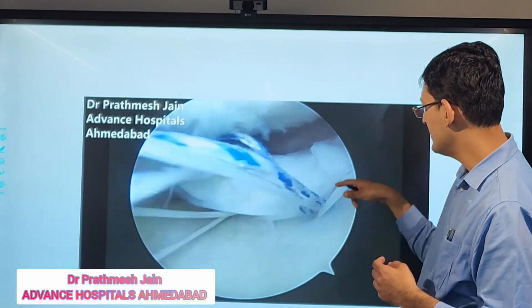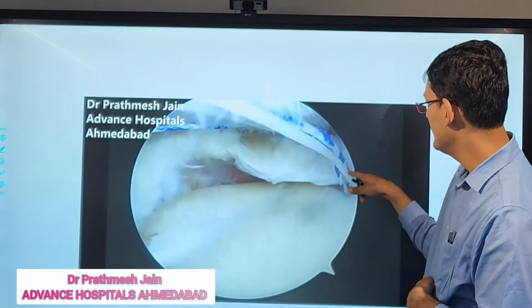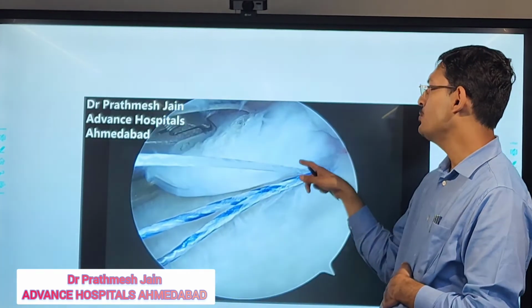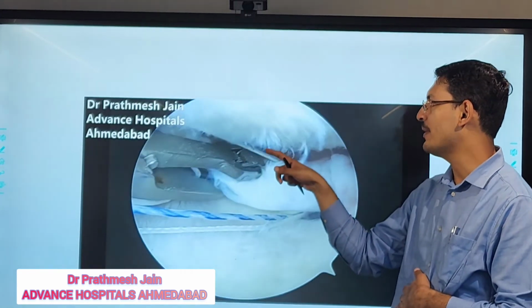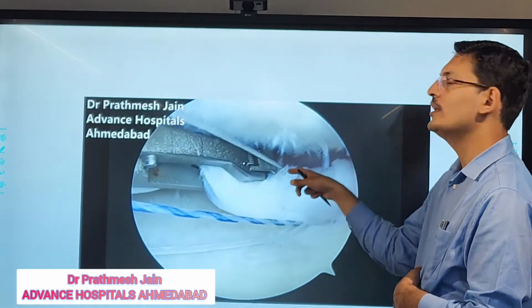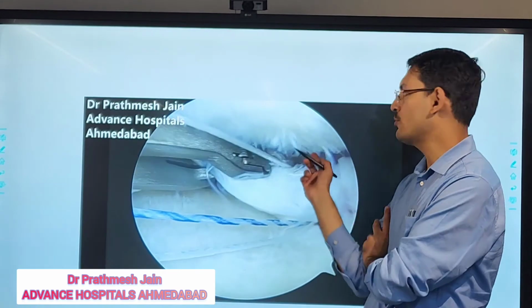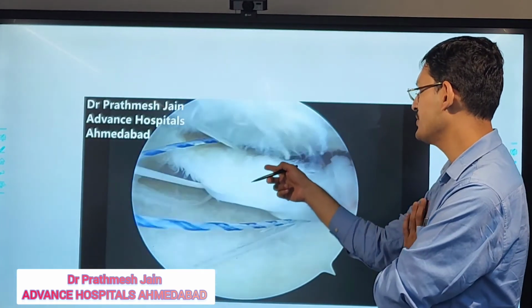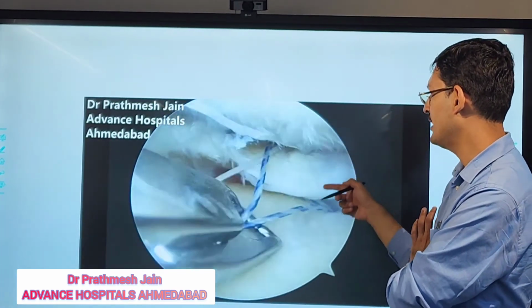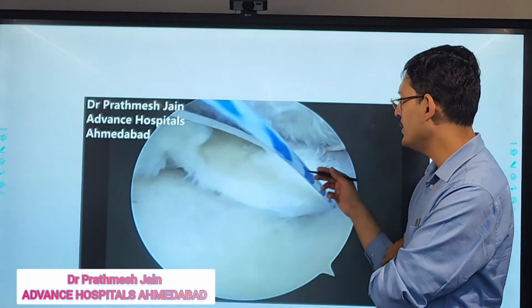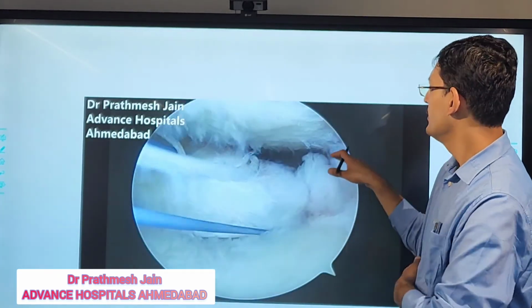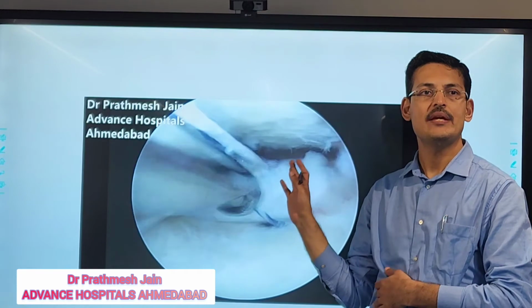Once it is deployed, you can see that these are 4 anchors, and you can sequentially pass sutures through the meniscus here. By that, the repair that we are doing is called a Mason-Allen repair.